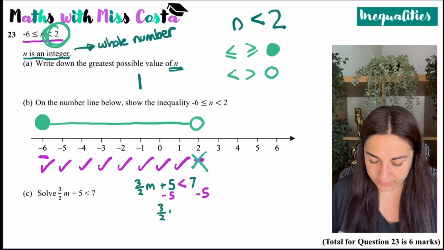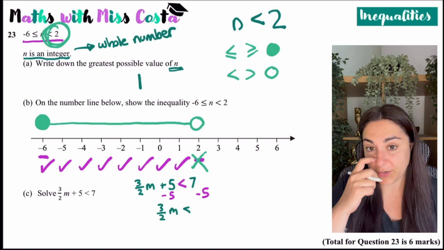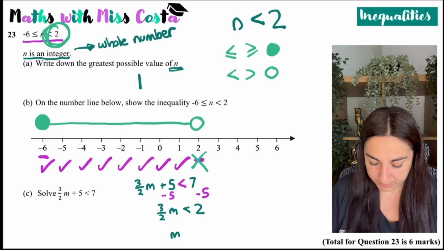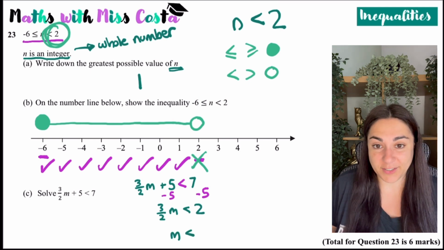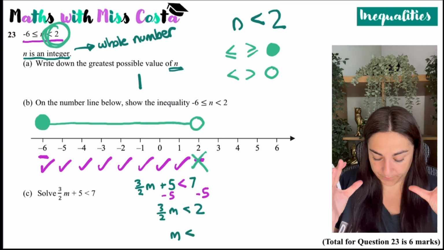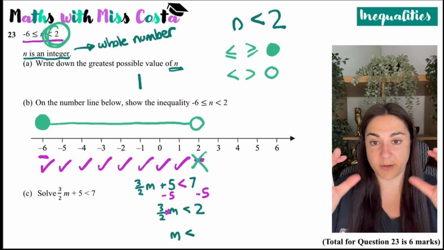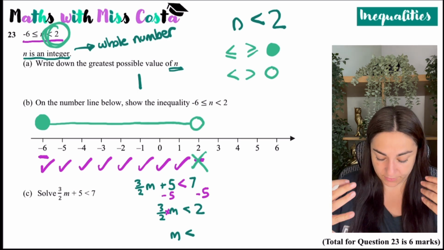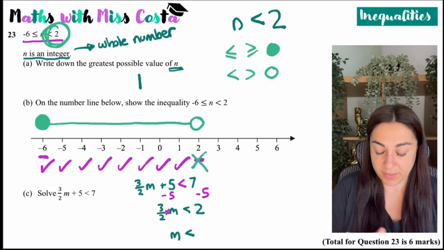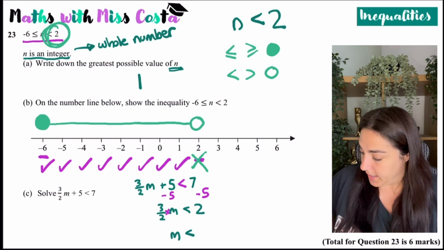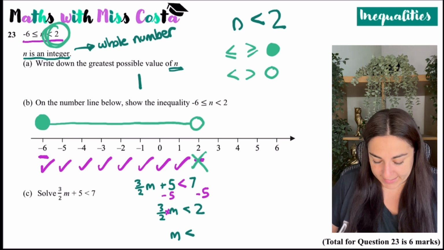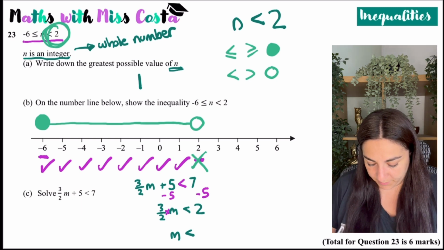And then what would we do? Well, I know that 3/2m means 3/2 times m. Even though it's a fraction, which is a little bit more confusing, a number in front of the algebra means they're being multiplied. So that means that m is being multiplied by 3/2. So what do I need to do to both sides? I need to divide by 3/2.